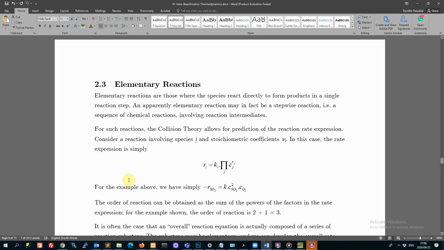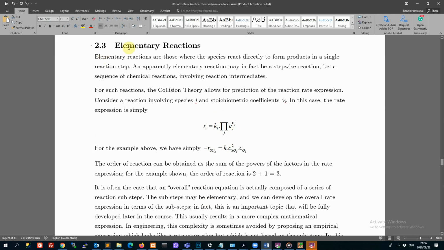There's nothing simpler, right? So elementary reaction, it's as the name implies. There's no simpler way to express this reaction step. So if we know this is an elementary reaction, then we are allowed to use this approach to figure out the form of the rate expression that we need.